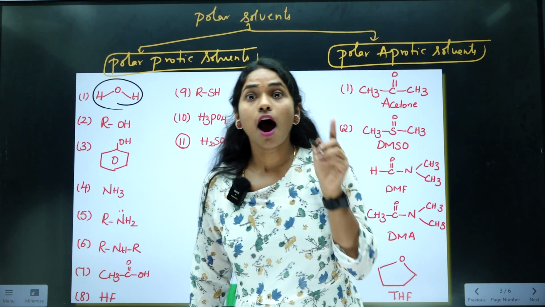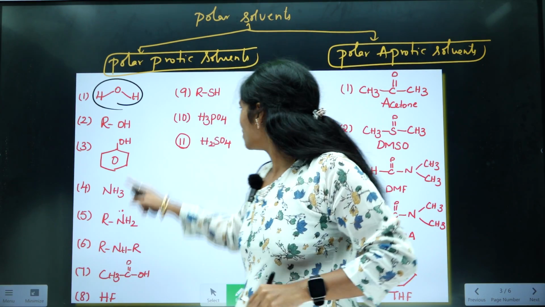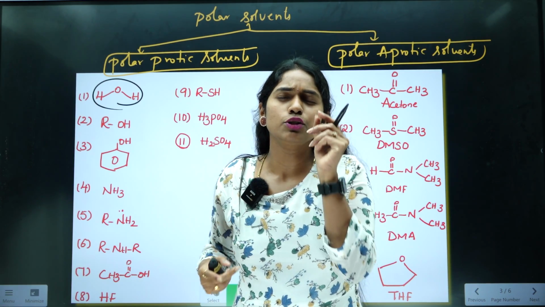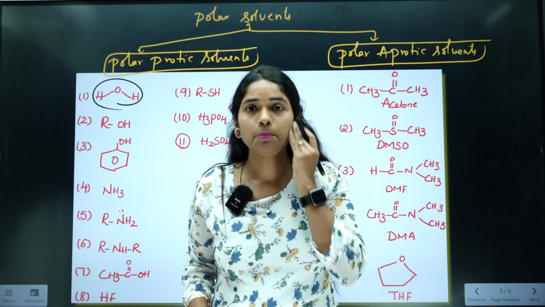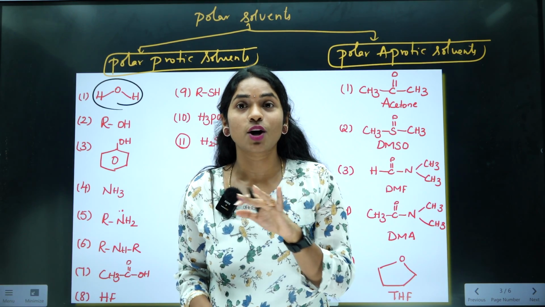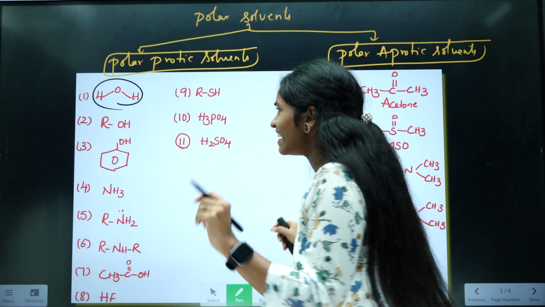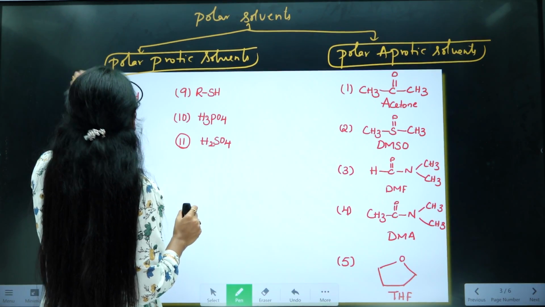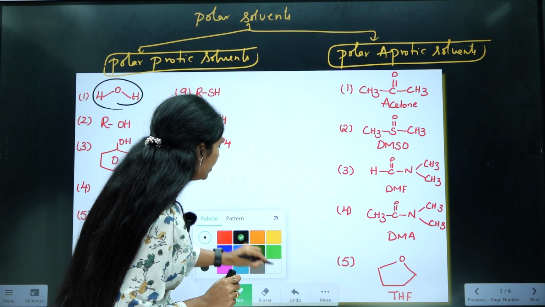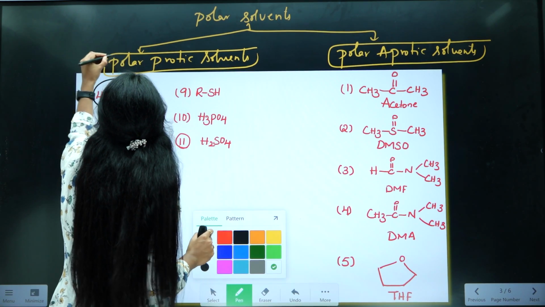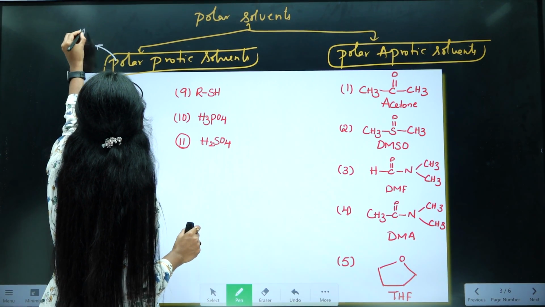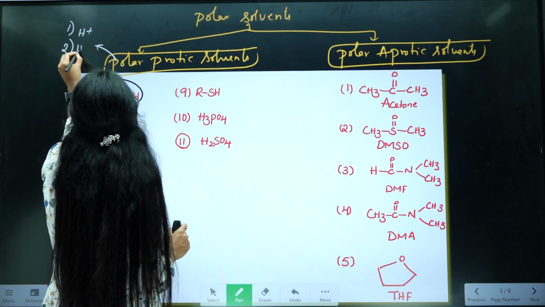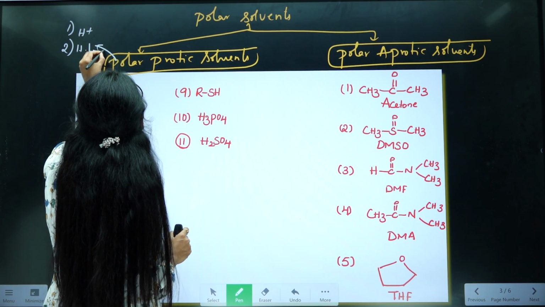Then how to identify in the examination? Many examples are there, no? How can you identify now? I am going to tell you a small trick. Just by using this trick, you can solve questions very easily. The trick is that polar protic solvents are the solvents which give H plus ions and have the ability to form hydrogen bonding.